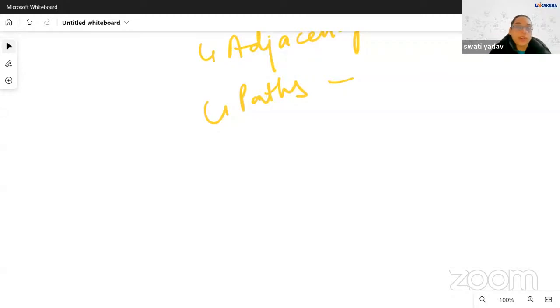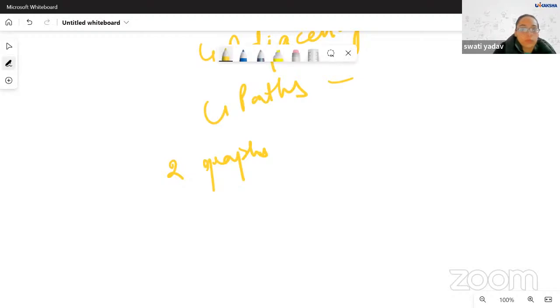The two components of any graph are: a finite set of vertices, which are called nodes, and a finite set of ordered pairs of the form UV, those are called edges.